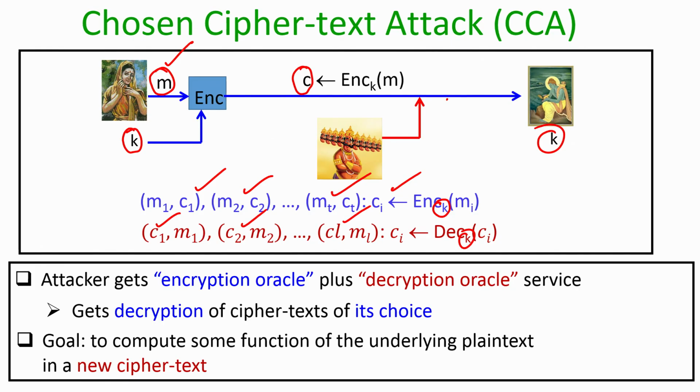Now, when I say that a particular encryption scheme is secure in a particular attack model, for example, if I say that an encryption scheme is secure in the CCA model, by that I mean that even if an adversary is launching a CCA attack, that means the adversary got access to the encryption oracle service and the decryption oracle service, still it should be difficult for the adversary to compute any function of the underlying plain text which has been freshly encrypted and communicated over the channel.